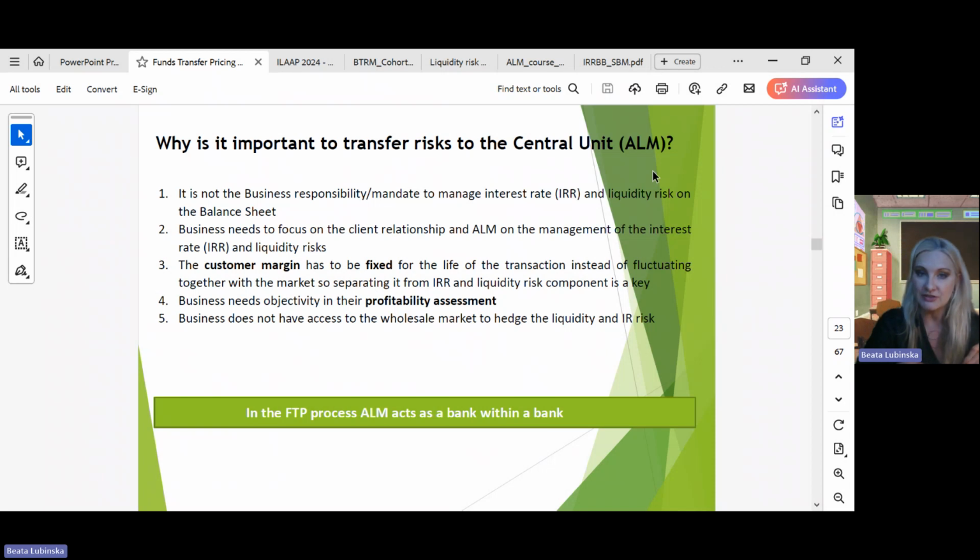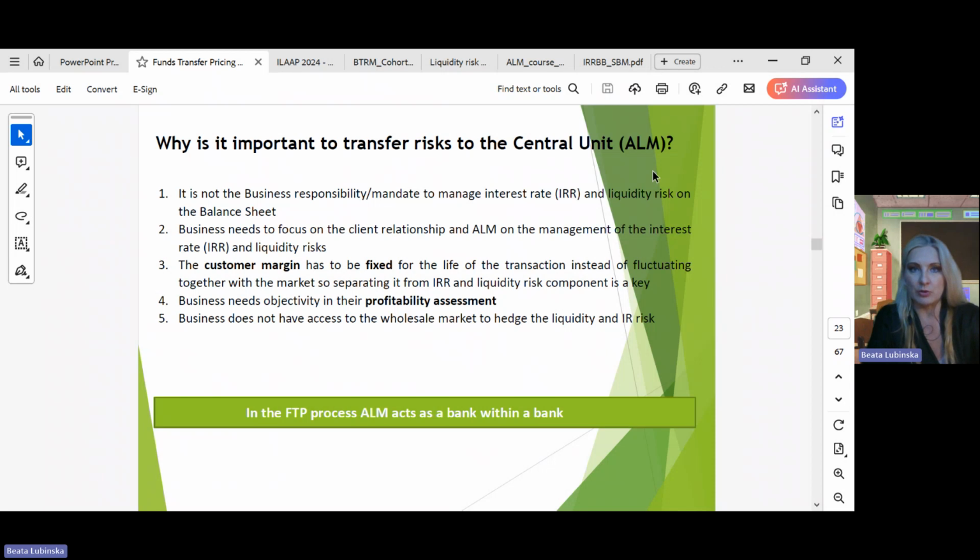I quite like this term, because it shows exactly how this process works. The central FTP model, or maturity matched FTP, works exactly like this, where ILM acts as a bank within a bank, providing liquidity and charging for this liquidity to different units.